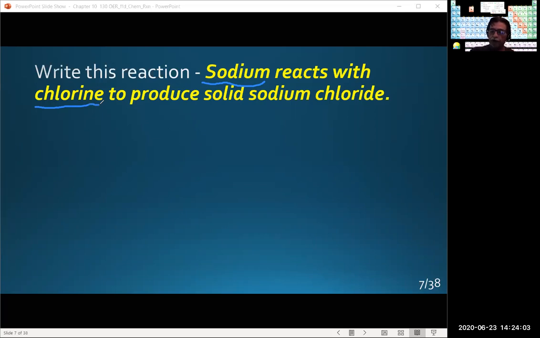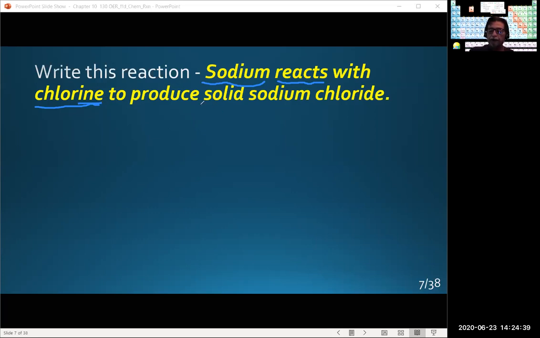They didn't say sodium chloride or sodium bromide, they just said sodium, so that infers we're talking about the element sodium. Then it says reacts, which tells you that's a plus sign. So sodium plus chlorine, note the suffix -ine, which means it's the element. They didn't say chloride, they said chlorine. So we're dealing with the elements sodium and chlorine.